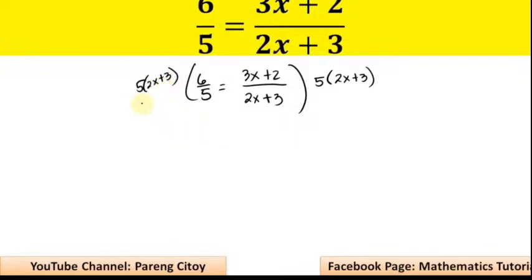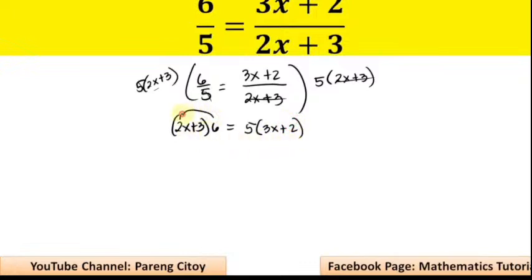Next, so 5 times 2x plus 3 divides into 5. So the remaining value is, the 5 is eliminated. So the remaining value is 2x plus 3 times 6 equals, this one is eliminated. So remaining is 5 times the numerator, that is 3x plus 2.